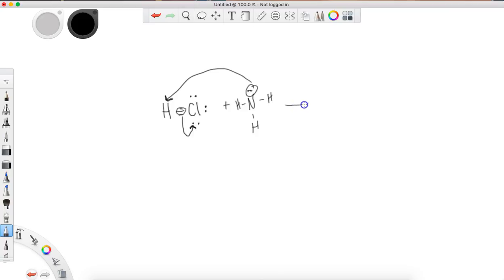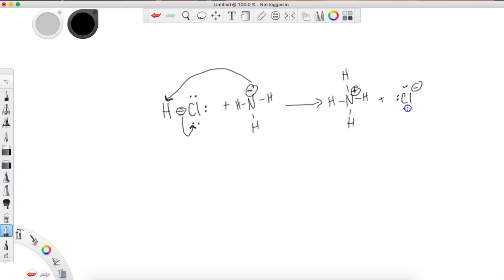So it leaves with that bond, and what I end up with is NH4. Now again, the nitrogen was neutral at first. If something neutral gives up electrons, it becomes positive. Okay, general chemistry concepts. Plus chlorine, which would be negative.